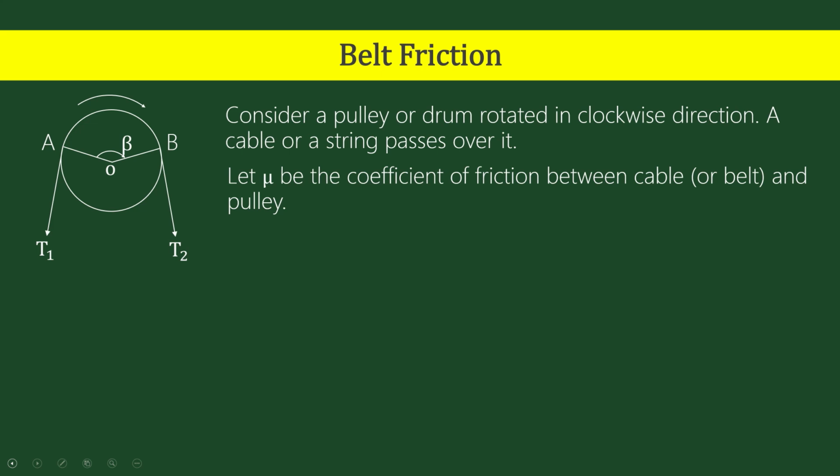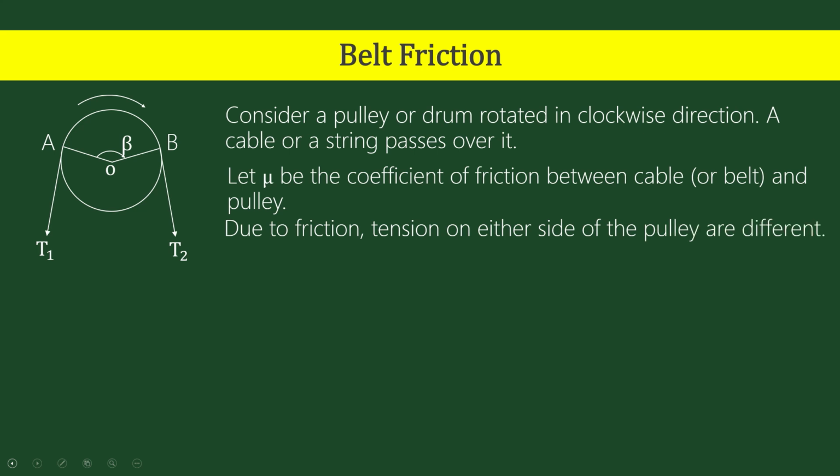We can clearly see from the figure that if the rotation is clockwise, T2 should be greater than T1, and since T2 is greater than T1, we have to give certain names to T1 and T2. Why is T2 greater? Because the rotation is clockwise.